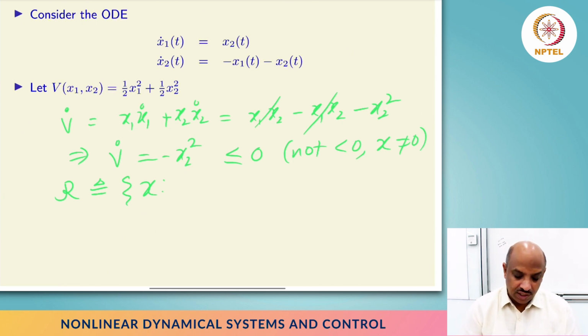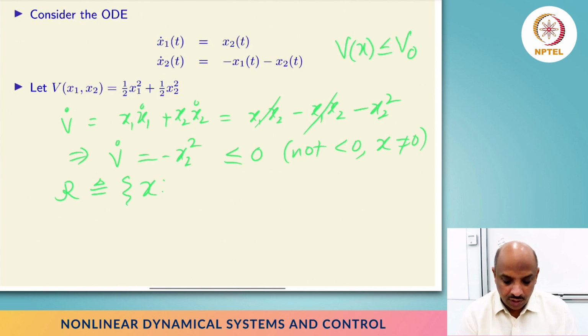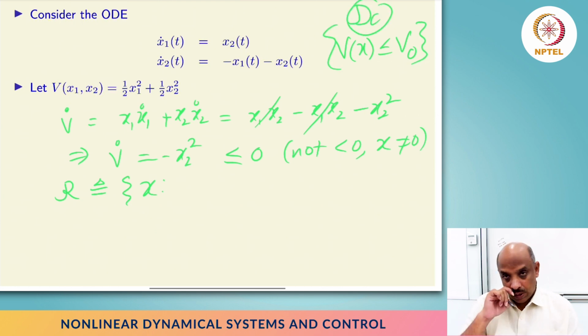Well, we can pick the set V of x less than or equal to V0, and that becomes your D sub C. You can clearly see, since V dot is less than or equal to 0, this is going to be a positively invariant set. It's bounded because of the nature of V of x. It happens to be a quadratic function. So all those nice things will be there to show that D sub C is indeed a positively invariant set, defined as such, right?